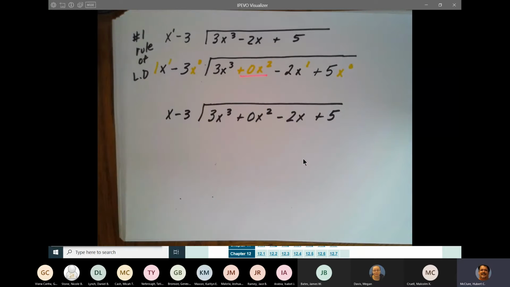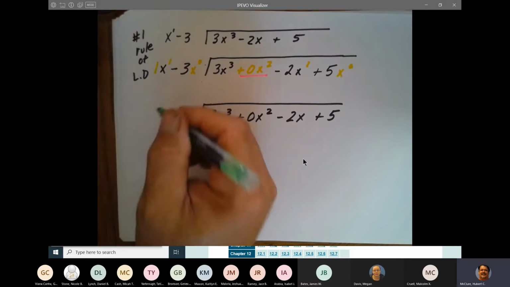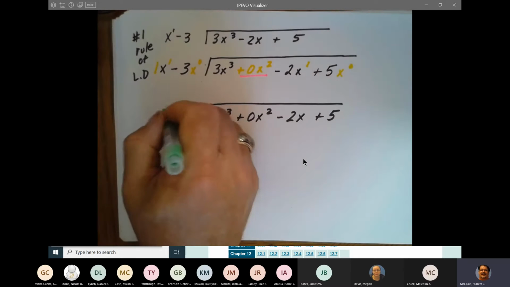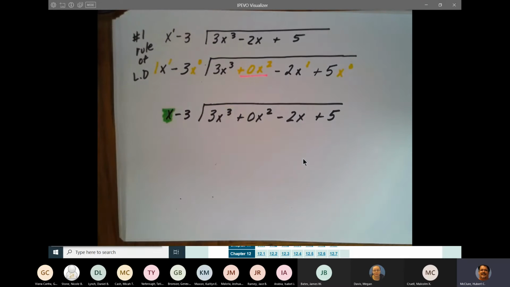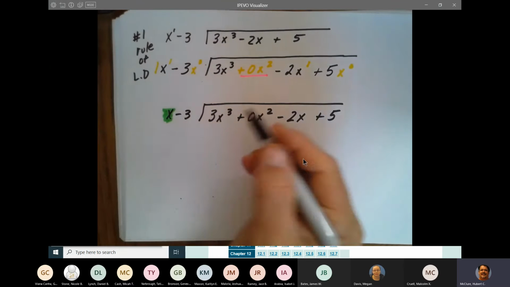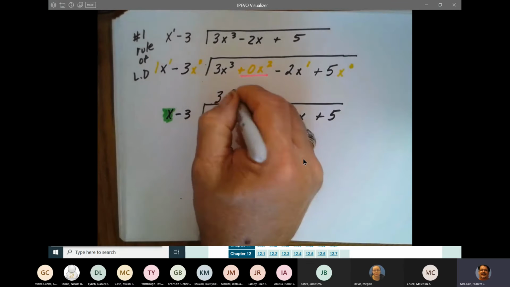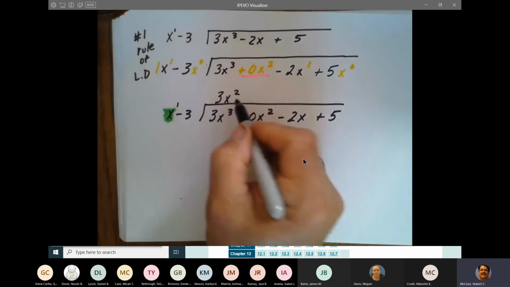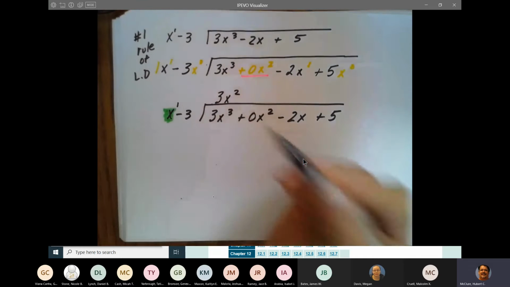Now, where is my kite? My kite is x. I care less about that 3. That's all I care about is that x. How many times will x go into 3x to the third? Well, that would be 3x squared because this is to the first, and 2 plus 1 is 3.